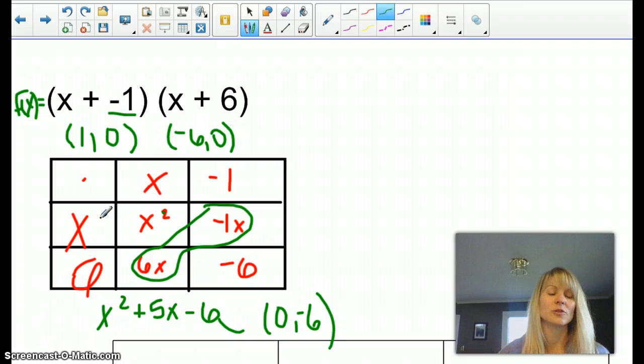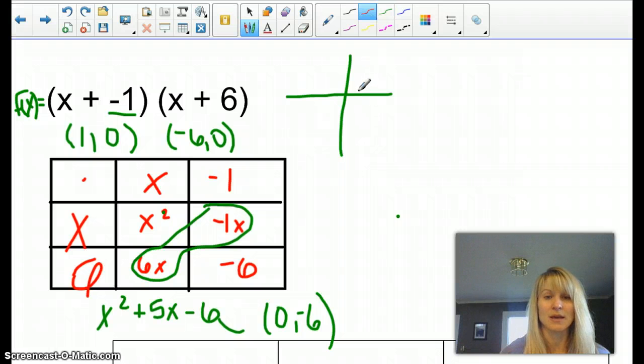As we are learning factoring and multiplying, I want you to keep the main idea in mind, which is that these are quadratic equations. This is going to cross at the 1 here, and this is going to cross at the -6, and it has a y-intercept of -6.